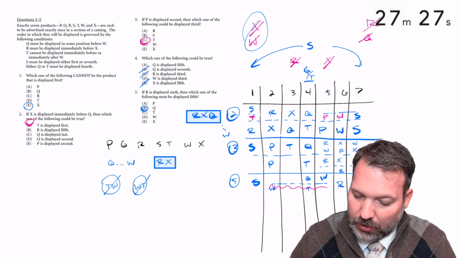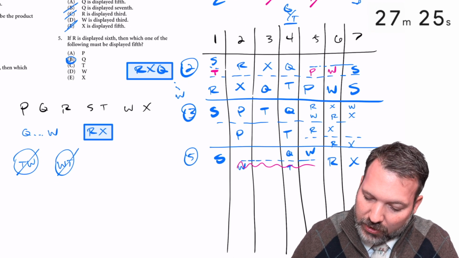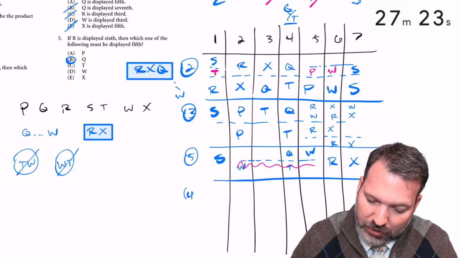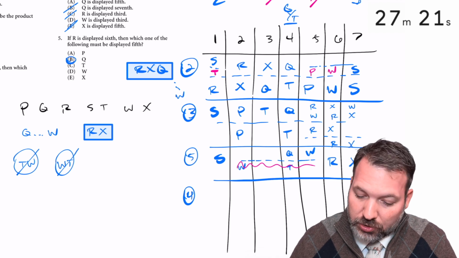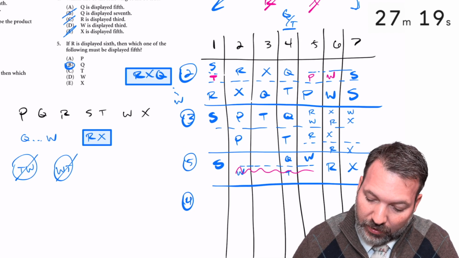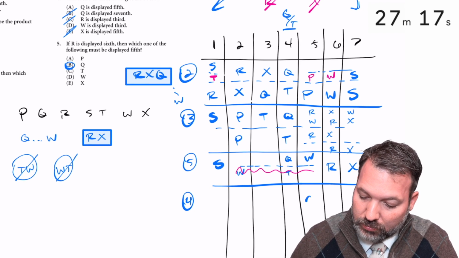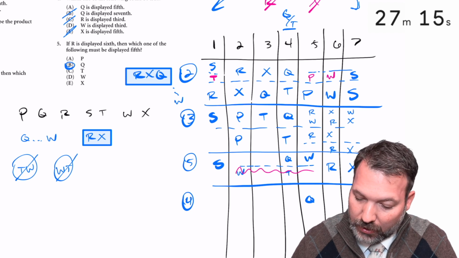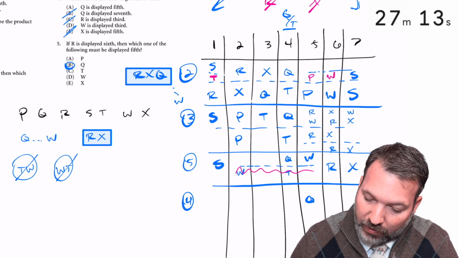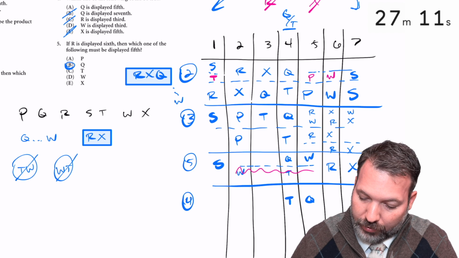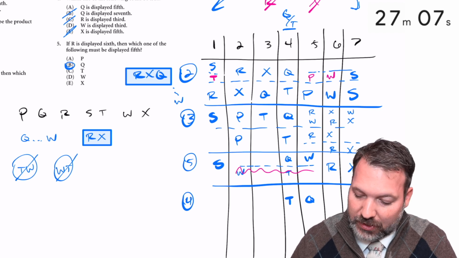That was a deduction. Okay, best thing to do in this situation, we've got 2 answer choices. It's a could be true. Let's just try out A. If it works, A is the answer. If it doesn't work, then the other one is the answer, D, I guess. If Q goes 5th, T goes 4th, and W has to be sometime later, which means I can't put the RX block over here.